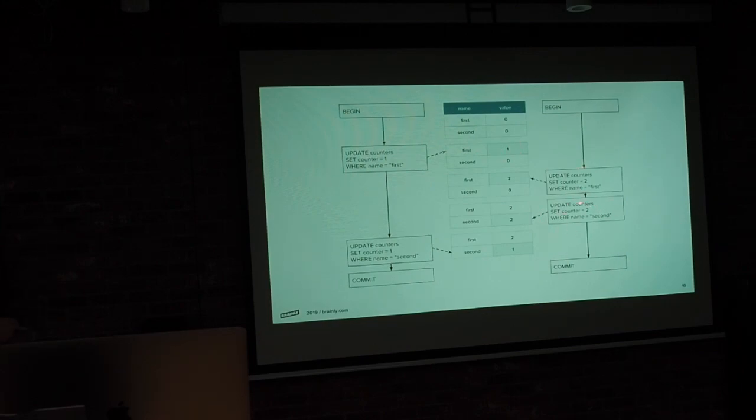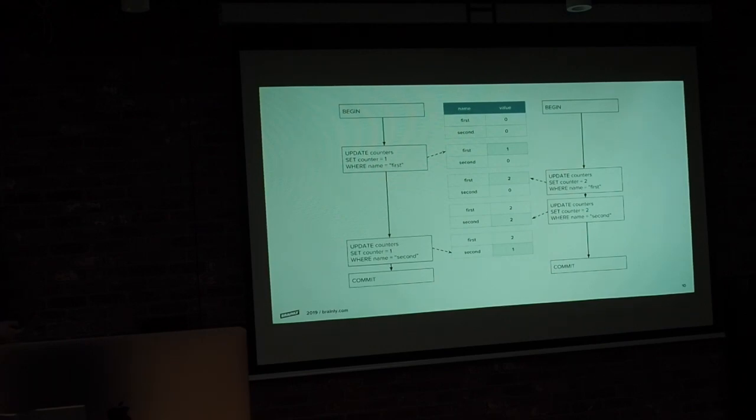Then there is another statement which updates the second counter, and then it commits, and then the processing comes back to the first transaction, which was held right here, and then there is another update which writes the second counter to value number 1.